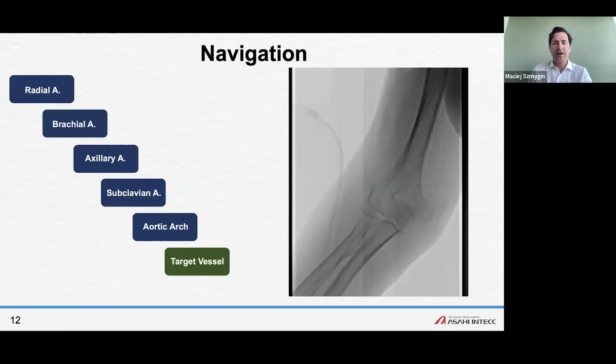Then, if the anatomy is normal, if there is nothing abnormal, we go through the axillary artery, subclavian, and aortic arch, and then we try to cannulate the vessel. What we like is the loop at the end of the guiding wire. Then we are sure that we can go up.